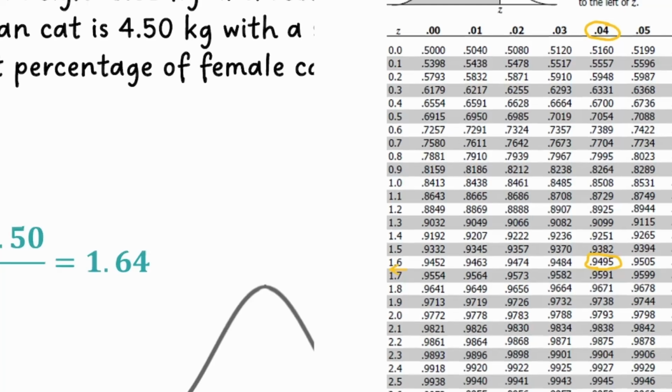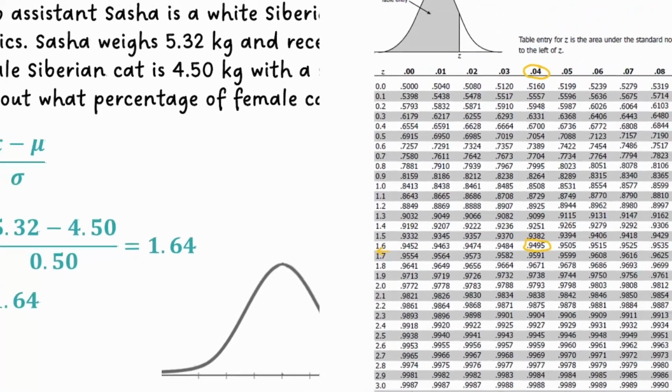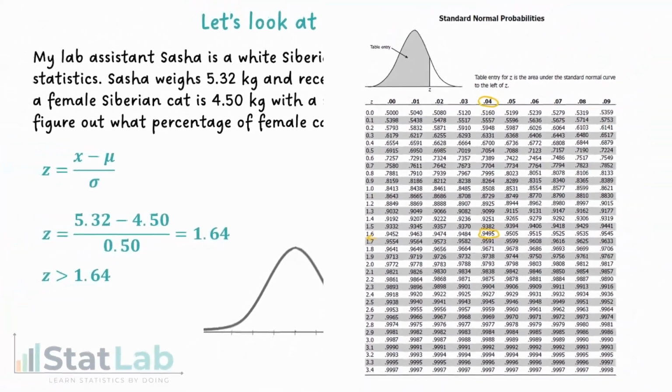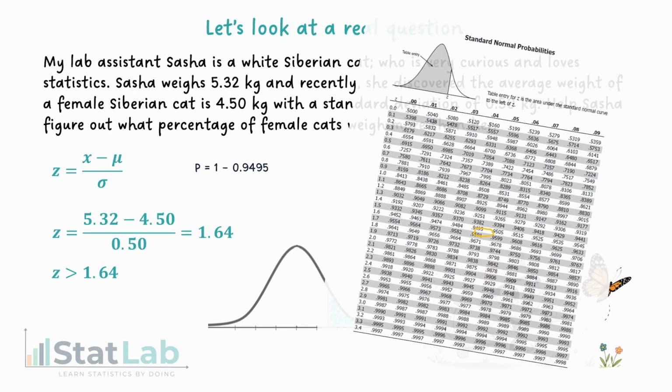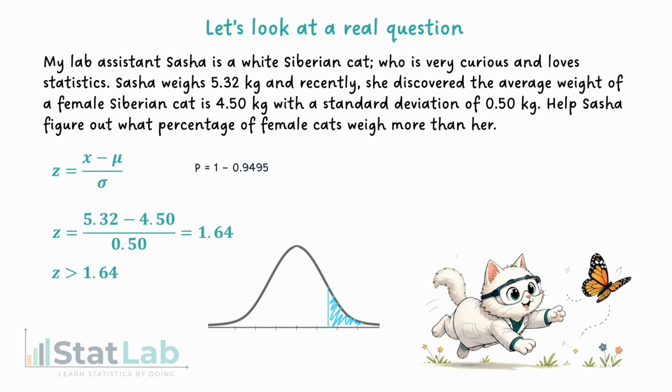We have 0.9495. But as I mentioned, because we're doing greater than, we need to do 1 minus that number to get our actual answer. So 1 minus that number is going to give us our p-value of 0.0505. So only 5.05% of female Siberian cats weigh more than Sasha.